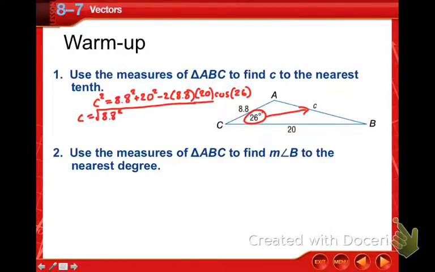So 8.8 squared inside the square root plus 20 squared minus 2 times 8.8 times 20 times cosine of 26. So all of that inside the square root, you don't have to hit anything on Desmos. If you're on a TI calculator, you hit enter, have it solve it, and our C comes out to be 12.7.